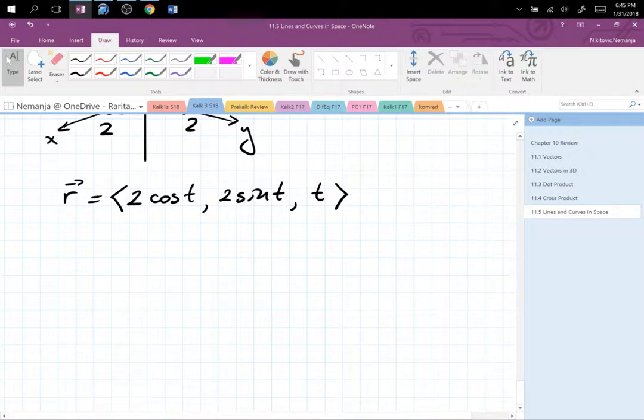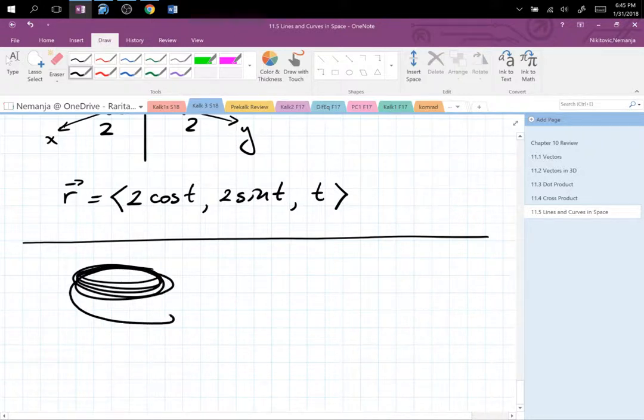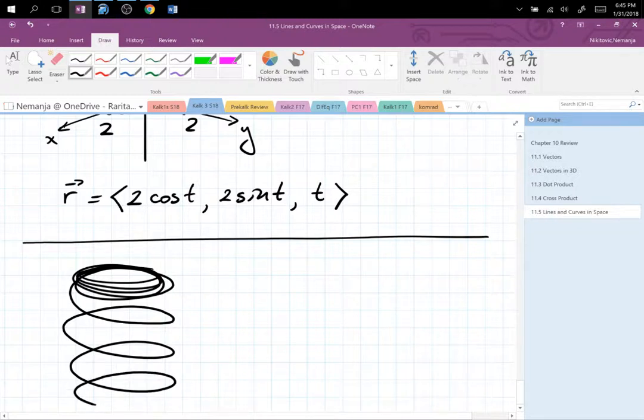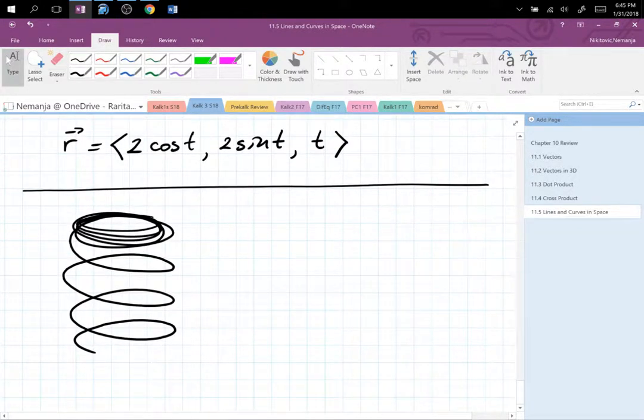So for the spring, you have the coils next to each other, and then it starts doing this, right? Square root. Square root of t.